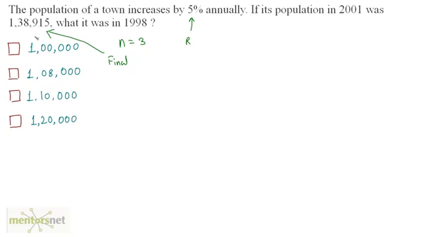So final value is equal to 1,38,915 is equal to the initial value, let's say it is x, times 1 plus the rate is 5%, so 5 upon 100 raised to n, and n is 3.